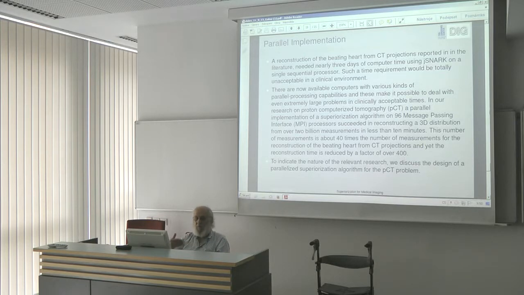I call real time for an algorithm if the algorithm doesn't slow down the overall process. So if it takes 10 minutes to collect the data and you can reconstruct in 10 minutes from the data, you're in good shape, in my opinion. And this number, the 3 billion, is 40 times the number of measurements for the reconstruction of the beating heart that I reported in my book 5 years ago.